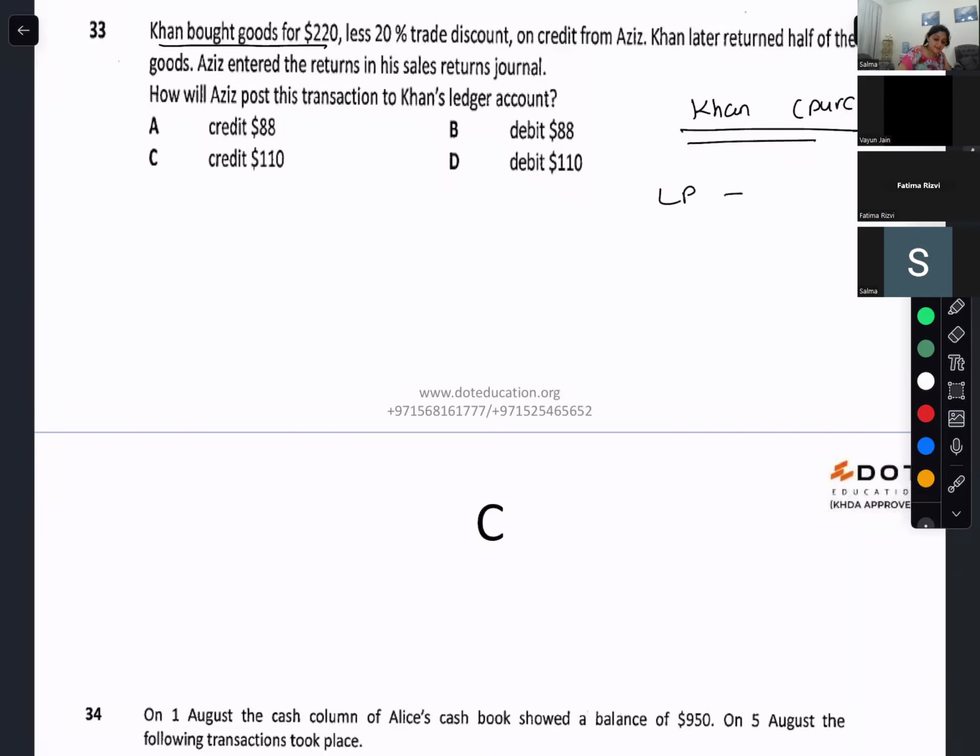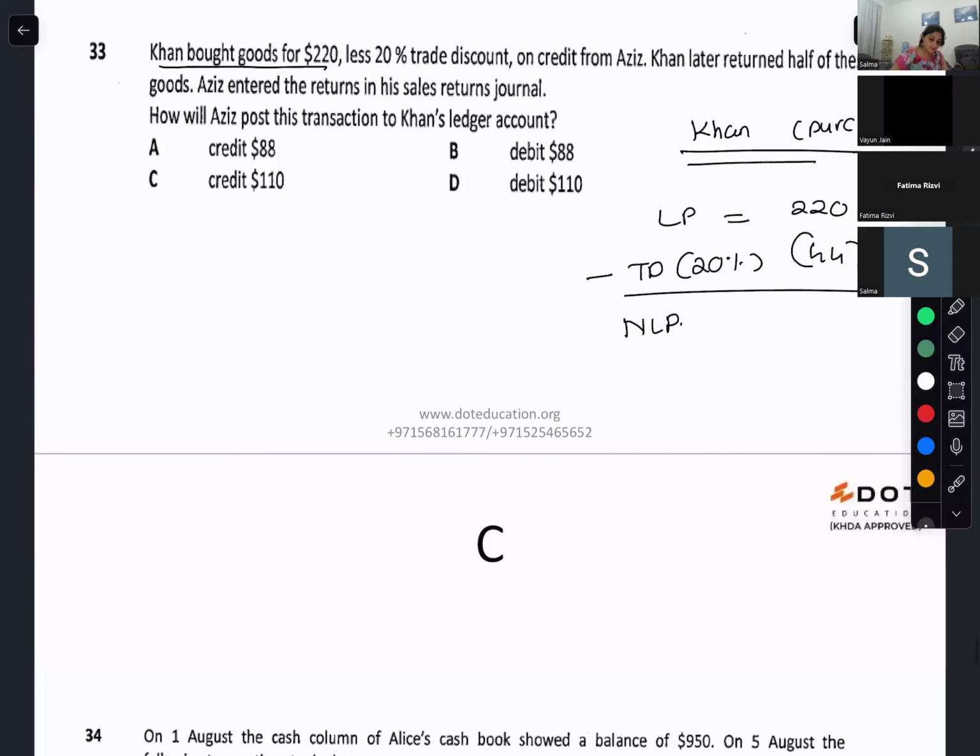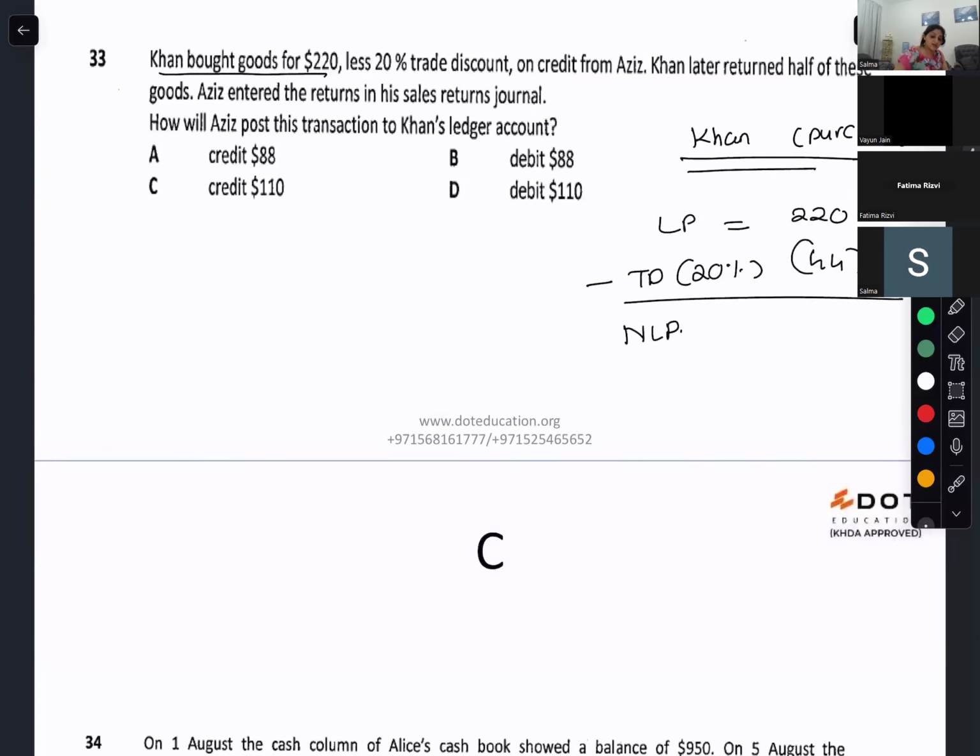List price is 220. Then trade discount is 20%, which is 44. And he later returned half of these goods. So how much has he returned?